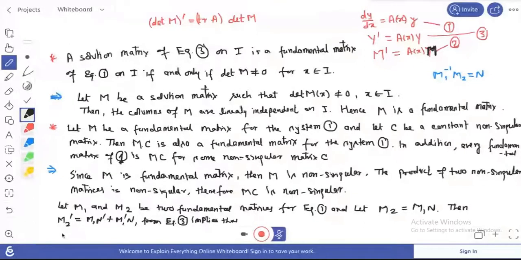So here M2 prime equals AM2, from equation number 3, and this is equation number 2. From equation number 2 you write this, M2 prime equals AM2.